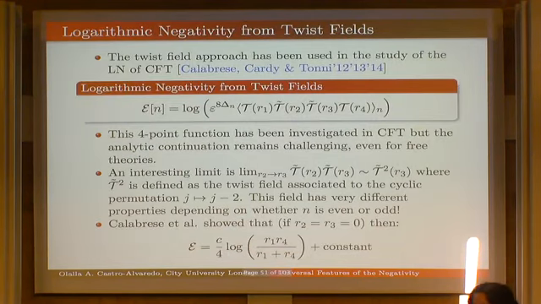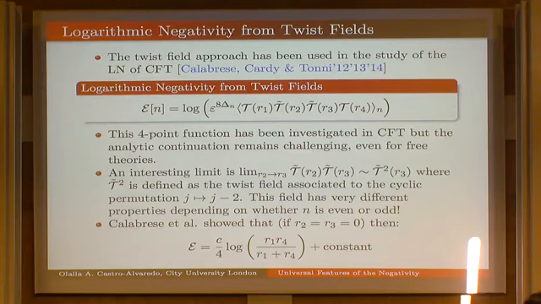Yeah? So what should I expect when R1, R4 are much larger than R2 or R3? So the two regions are separated, and this should be 0 in principle. The function factorizes, but it doesn't seem to be 0.